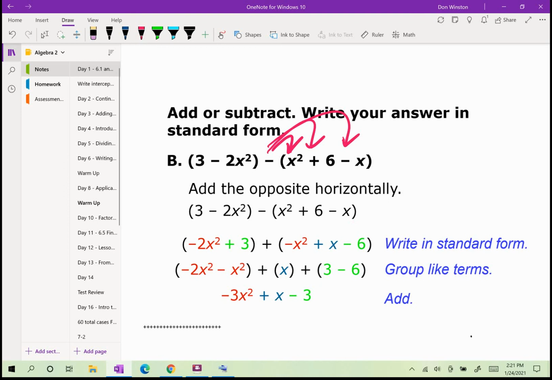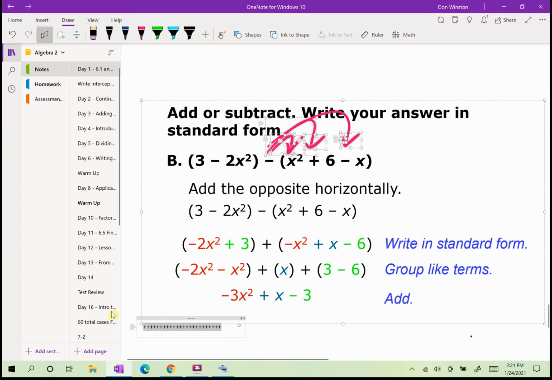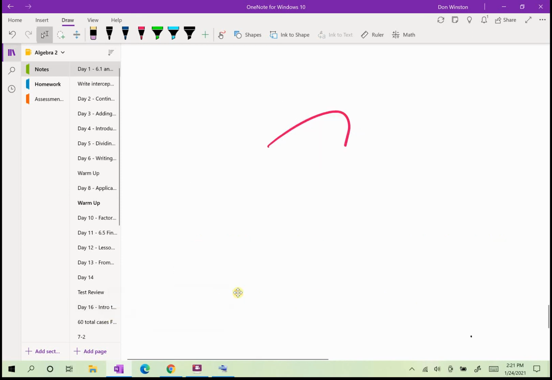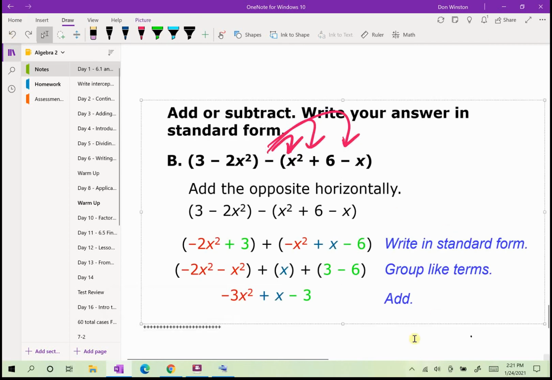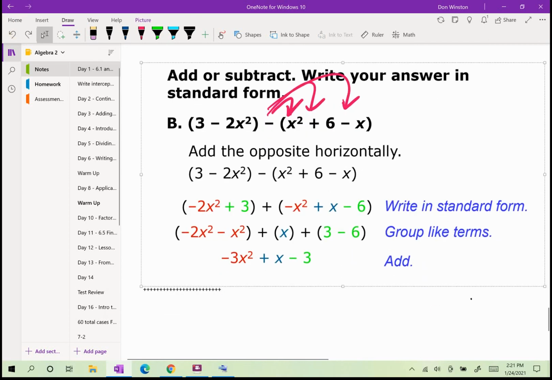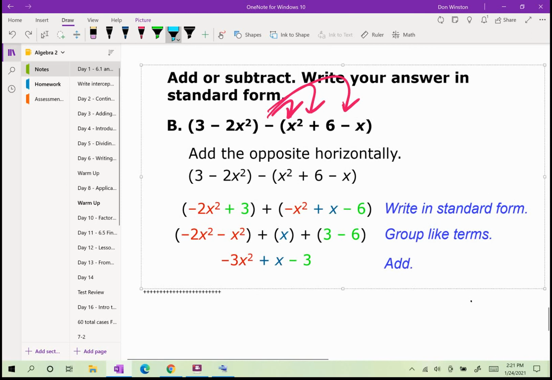And here they're writing this in standard form, so 3 minus 2x squared will be -2x squared plus 3. And then they're just combining the like terms horizontally. So nothing you haven't done before. So we have -2x squared minus x squared.